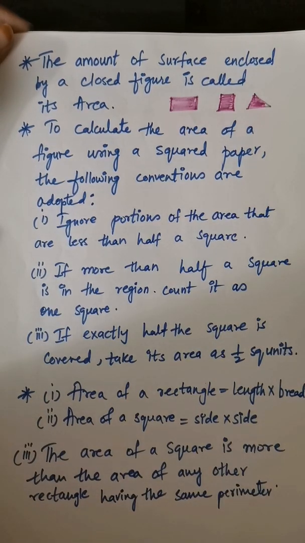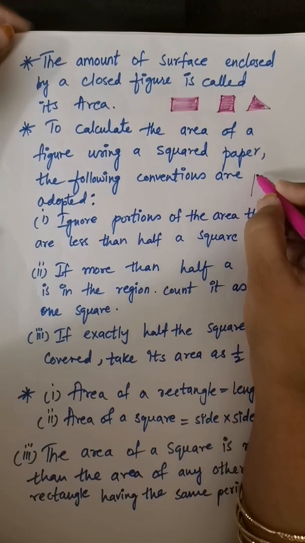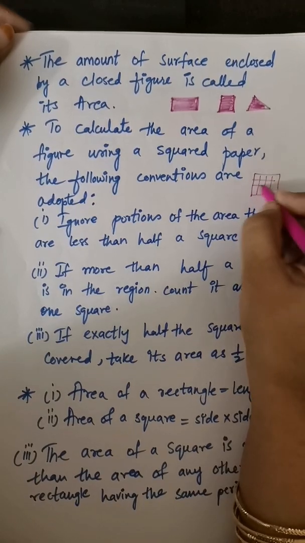Now, to calculate the area of a figure using squared paper, the following conventions, that is rules, are adopted. Sometimes you have to find the area of a specific shape using squared paper. Suppose this is a squared paper.